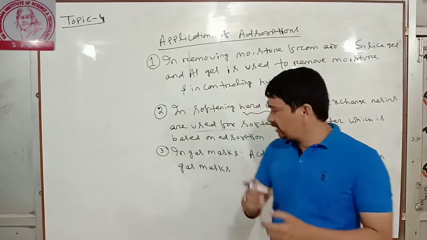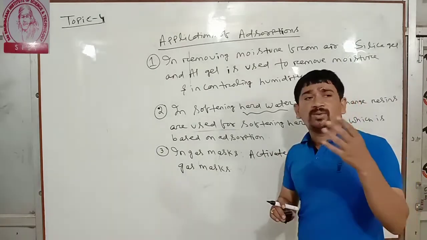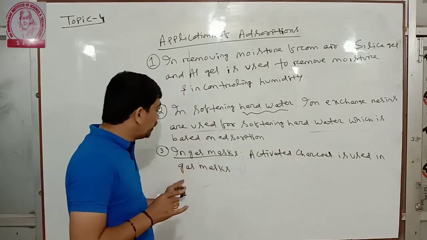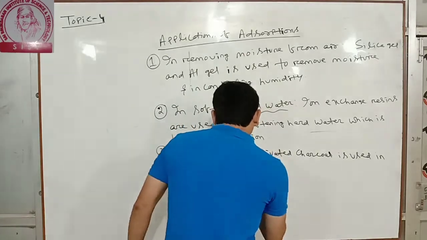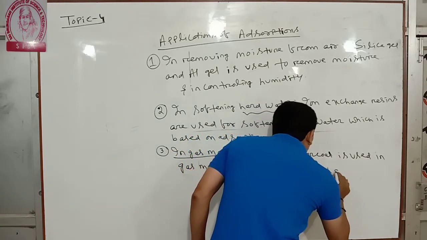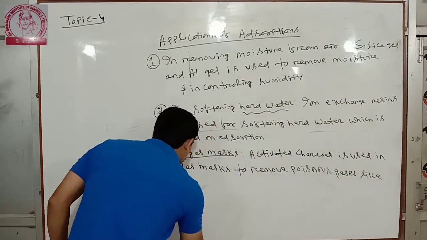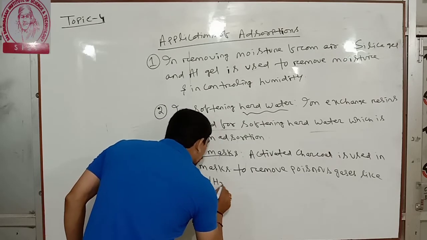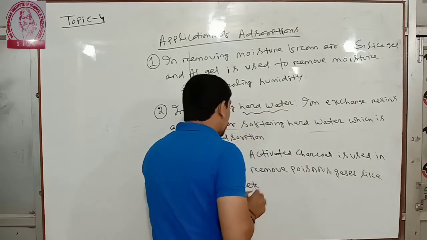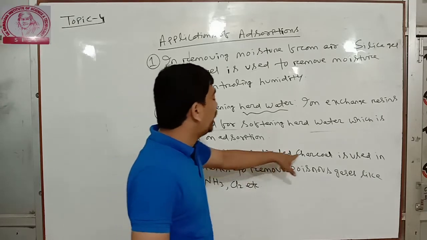Suppose somebody is working in the coal industry, he must wear a gas mask, because activated charcoal is used in the gas mask to remove poisonous gases like CO2, NH3, Cl2, etc. These poisonous gas molecules get adsorbed on the surface of the activated charcoal.